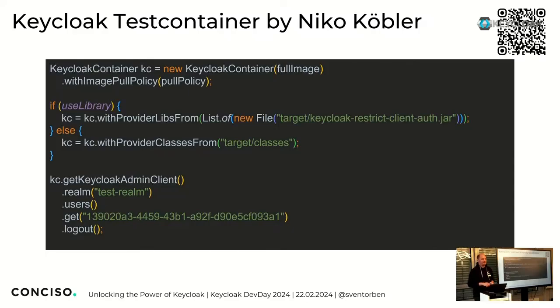There's one feature I use especially, and I get to that later: you can either take a precompiled jar file and add it to your Keycloak instance, or you could use the classes that you currently compiled within your IDE or Maven setup. That's what you see here with this use library thing. It's kind of a switch where I can switch between these things.